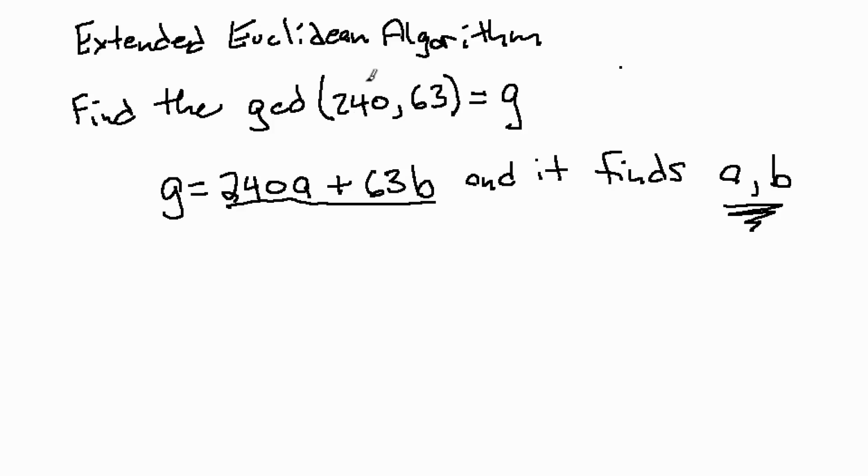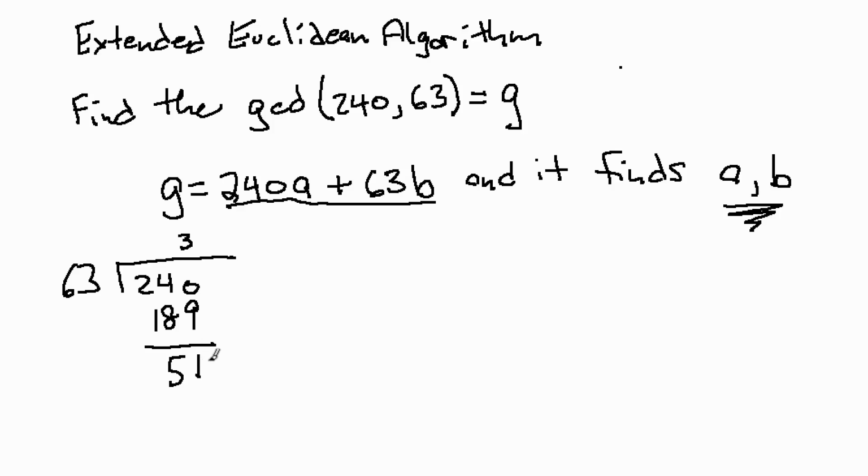Notice I'm trying to find the greatest common divisor. One number is bigger than the other. What I'm going to do over here is some very simple division, and I'm going to say that the number 63 goes into the number 240 how many times? Well, it goes in there 3 times, and I get 189, and when I go ahead and subtract, I get 51.